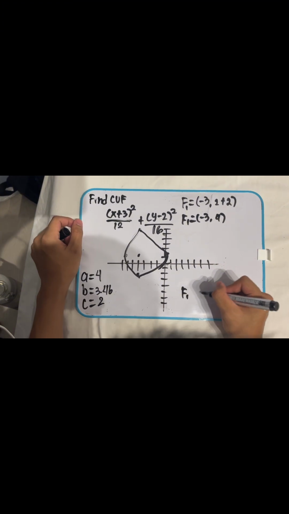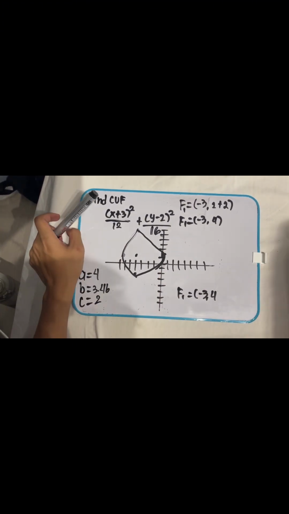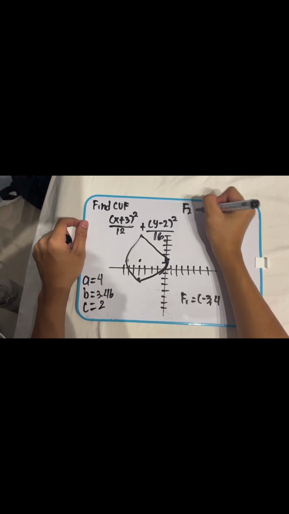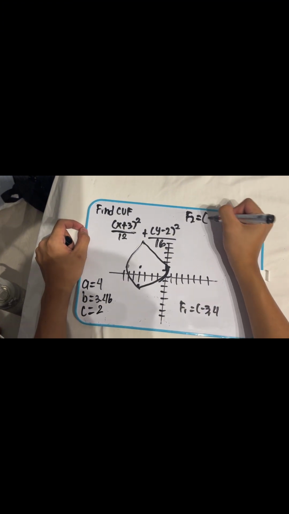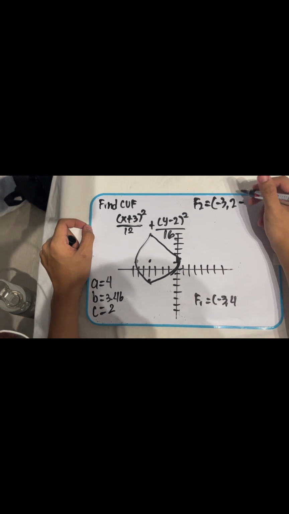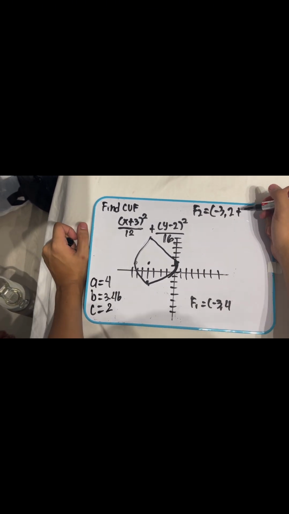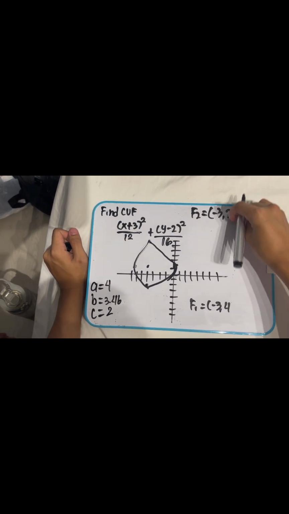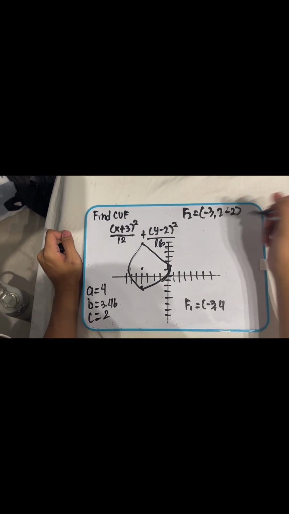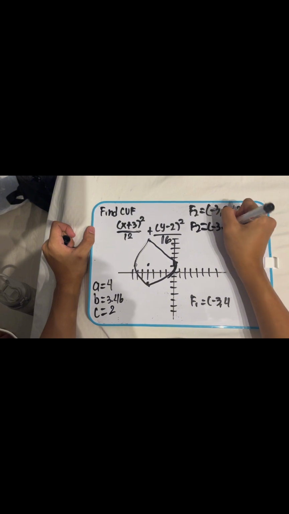Our next focus is F2 equals -3, 2 minus 2, which equals -3 and 0.